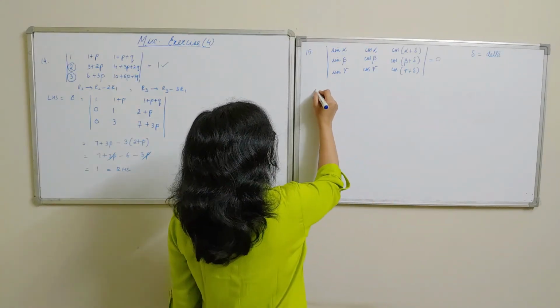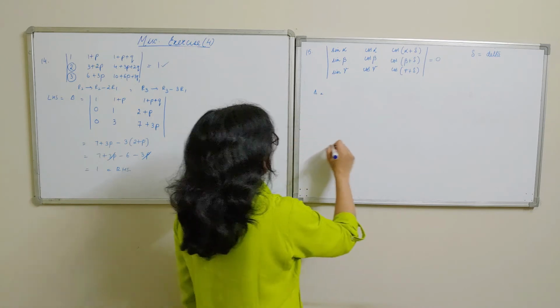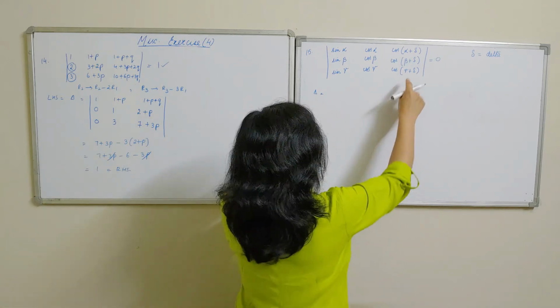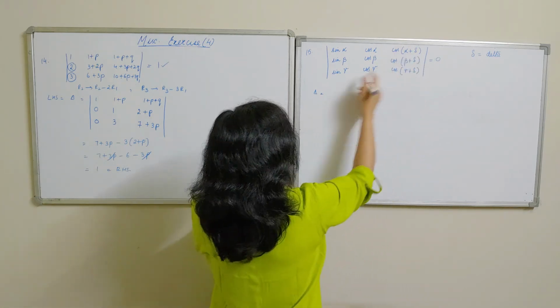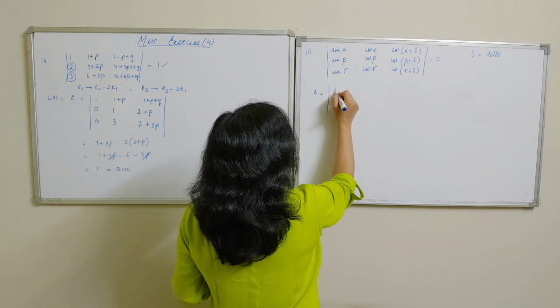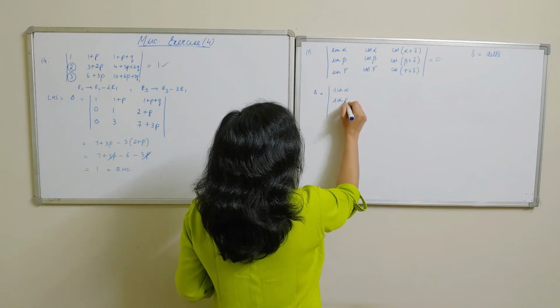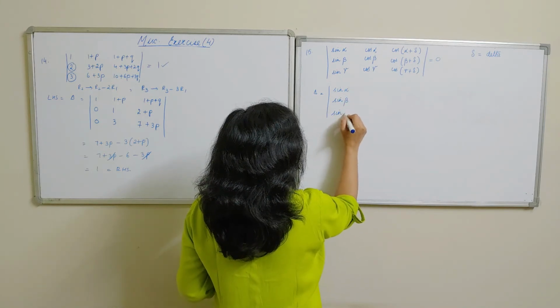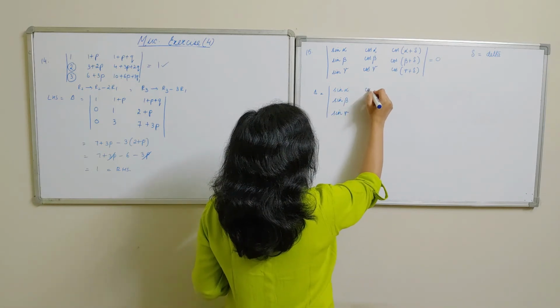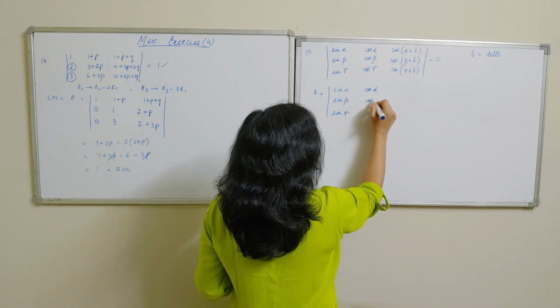So here what I am going to try out is expand this row, this column, using trigonometric ratios. As I've said, there are different ways of solving the question. This is one of the methods.